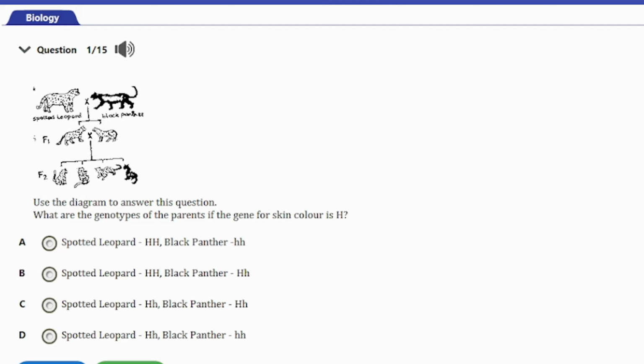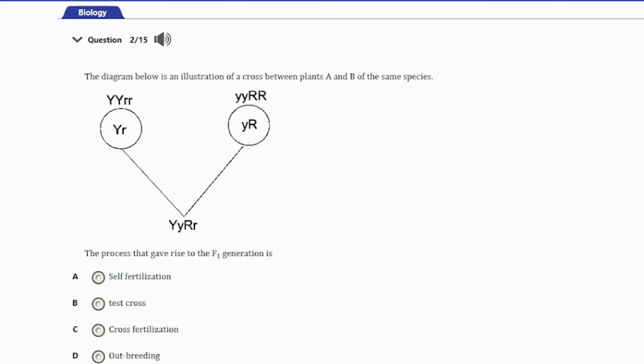Considering this flow, we know the spotted leopard is homozygous dominant, whereas the black panther is homozygous recessive. And that's it for this question. Let's go ahead and consider the next question.